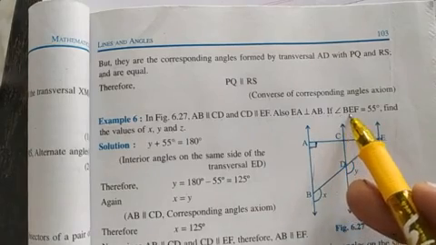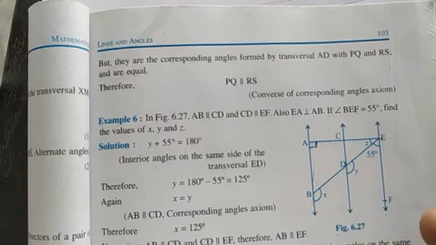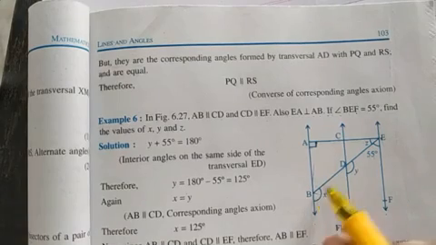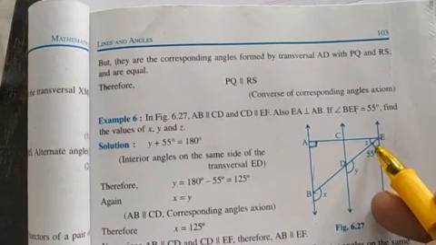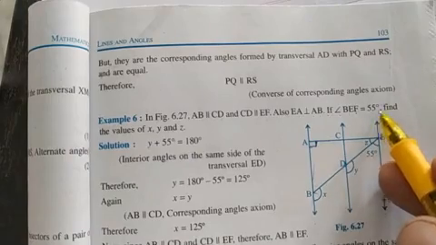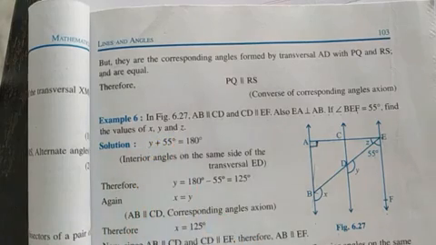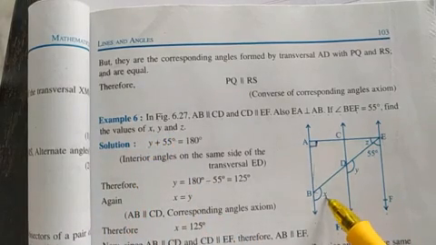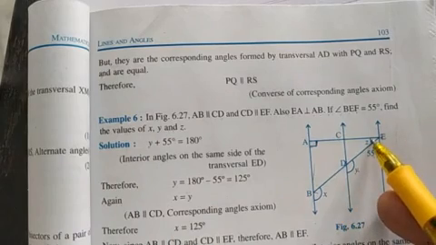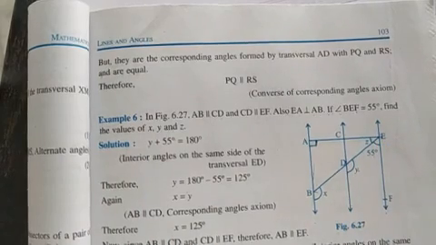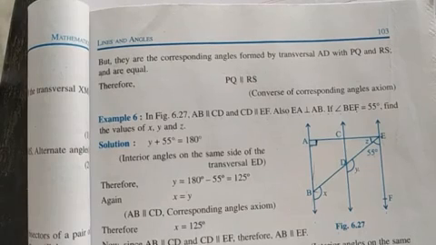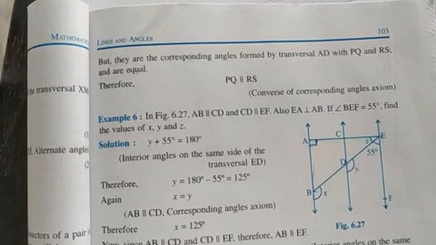If angle BEF, this angle, is 55 degrees, then find the values of x, y and z. We have to find the value of x, then y and then z. Okay, I think it is clear to you. Now we are going to discuss the solution.